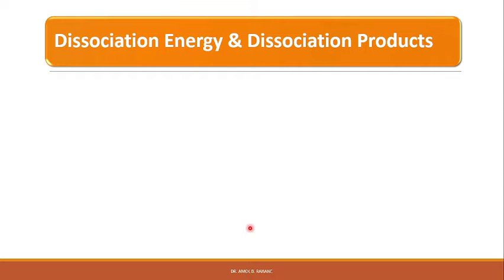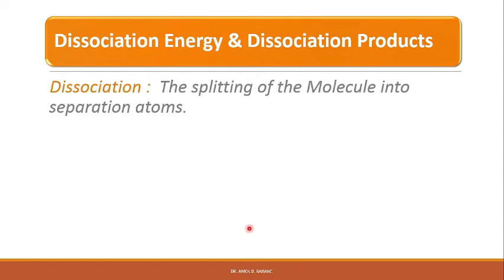So what is meant by dissociation? Dissociation is the splitting of the molecule into separate atoms. That means when, during the vibration, the molecule gets enough energy, it will be split into separate atoms.